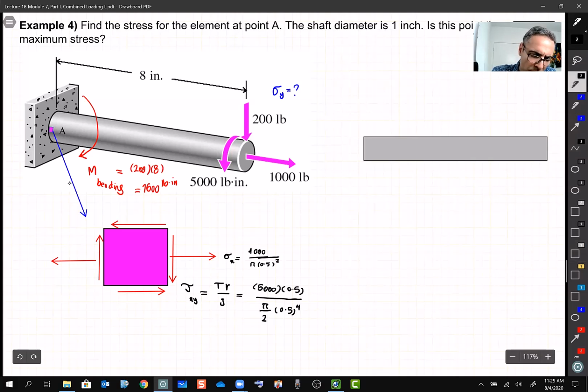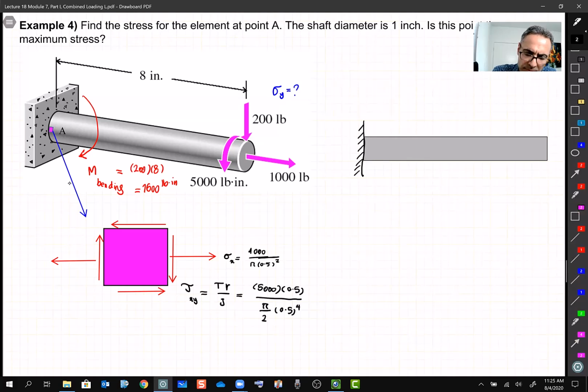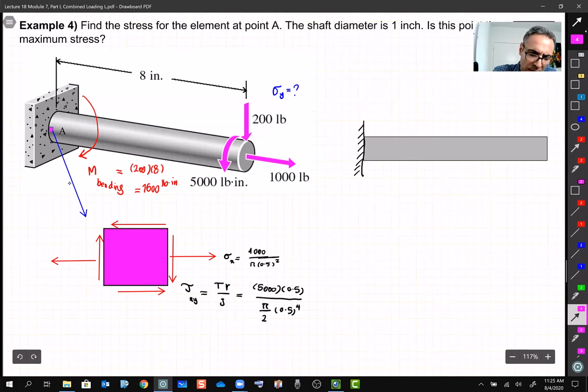So in this side view, it's fixed to the ground, and we have 200 pounds force here.